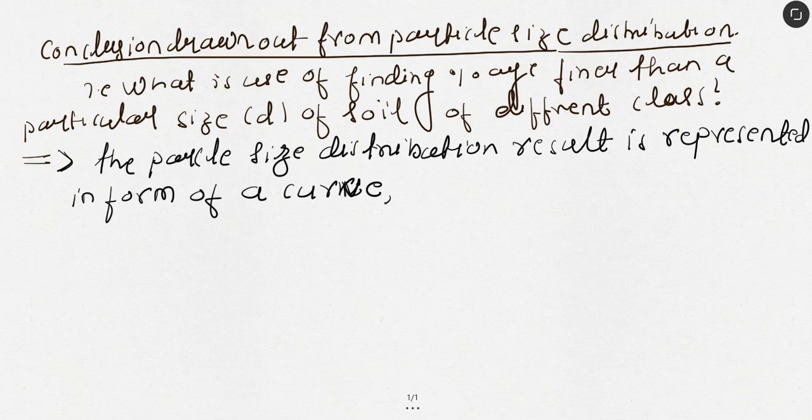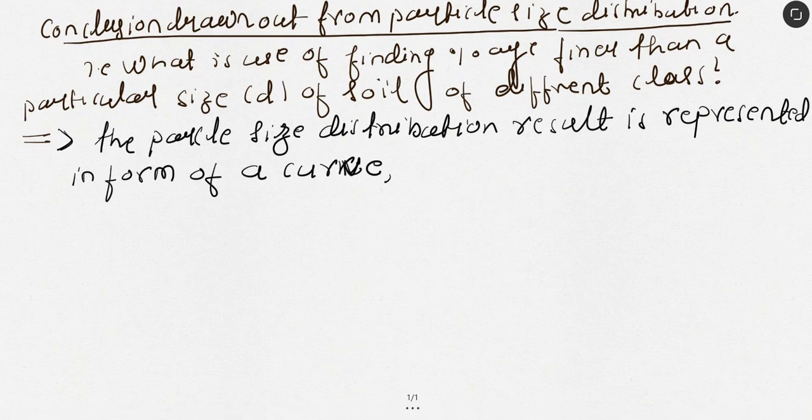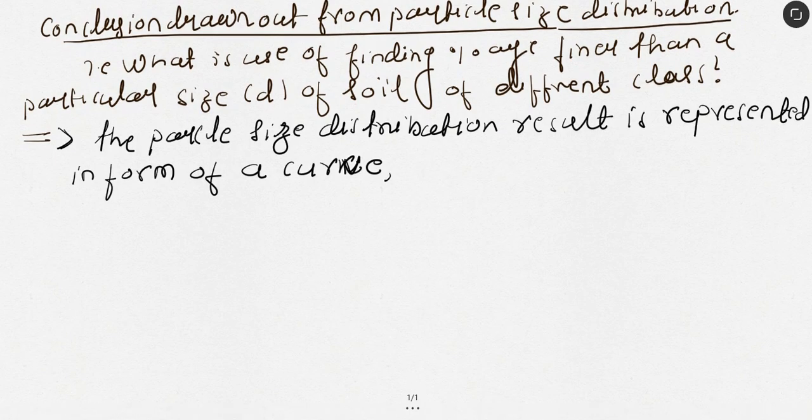So what is the speciality of this curve is there are two coordinate axes. Everyone knows there will be two coordinate axes.